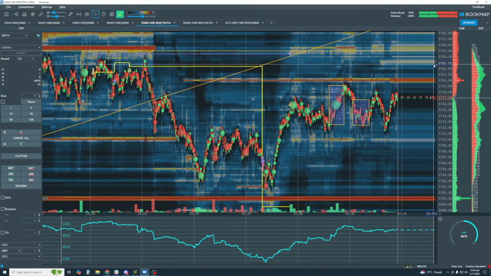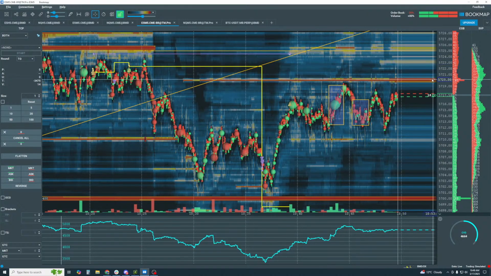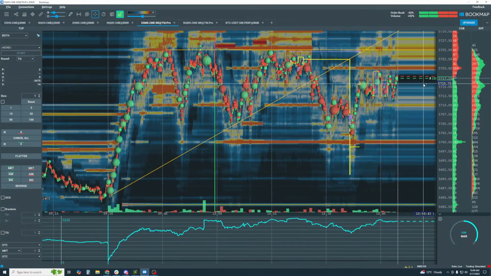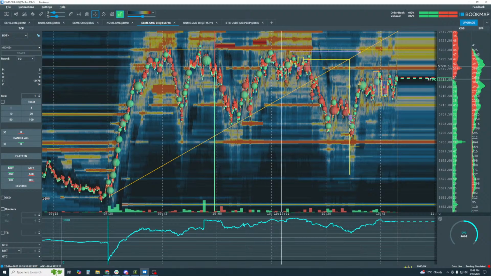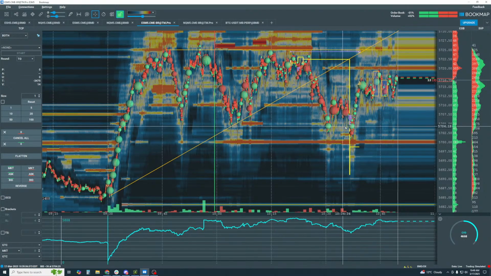Yeah, very, very choppy, J weave. I mean, this still looks good to me. It just didn't pan out.